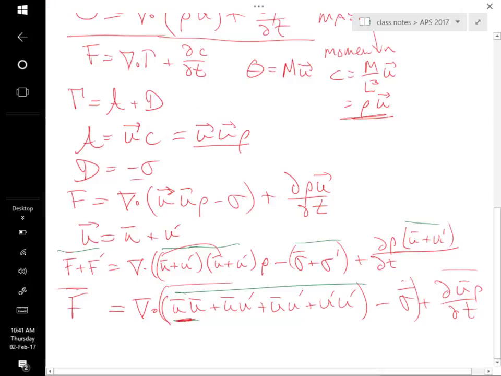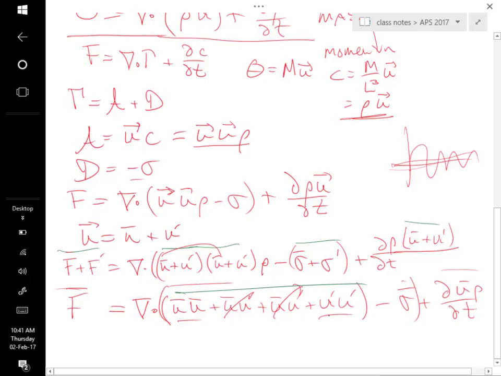So this stays, and this will cancel because we're averaging this perturbation. So when we average the perturbation, then we have got that, and the average is 0. So that goes, and that goes. Now I have that. Okay?